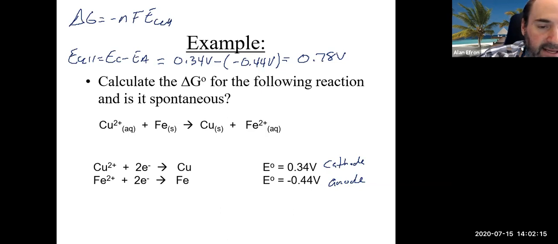Now, again, if you did flip the sign, you would add those numbers. So if you did flip it, you would take 0.34 plus 0.44, and obviously should end up in the same spot.